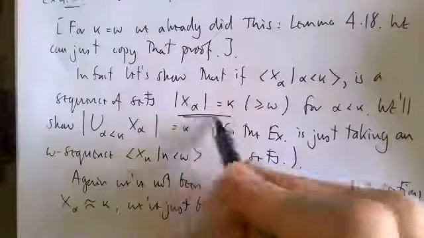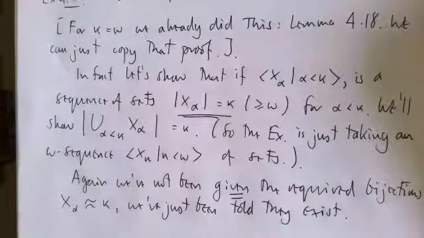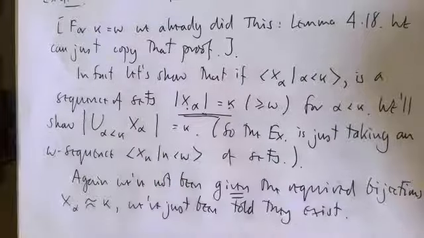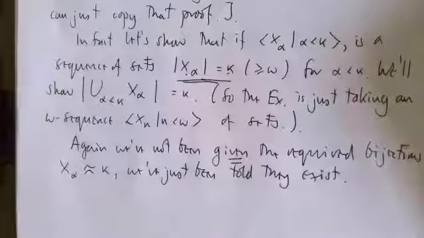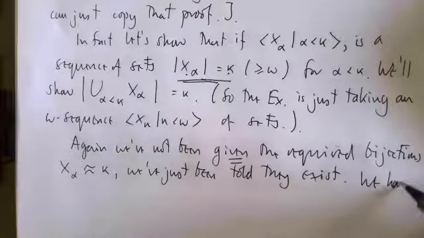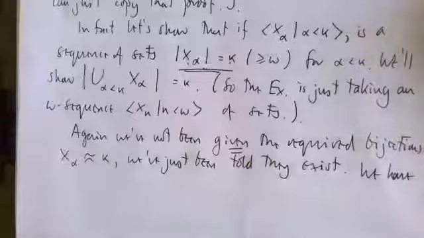That's all the information that we're given. It just says there is a bijection between this and this. So we have to choose them, we have to find them.